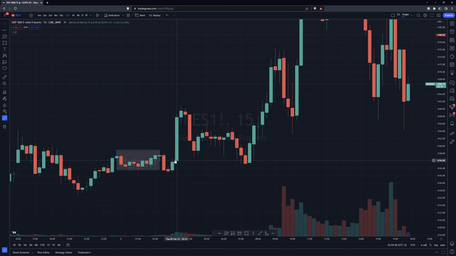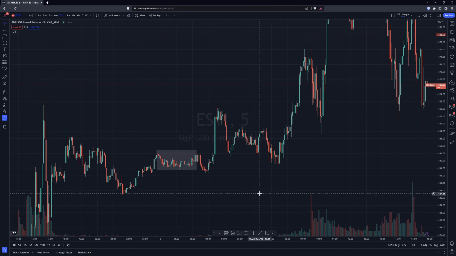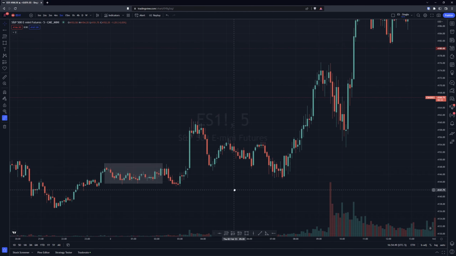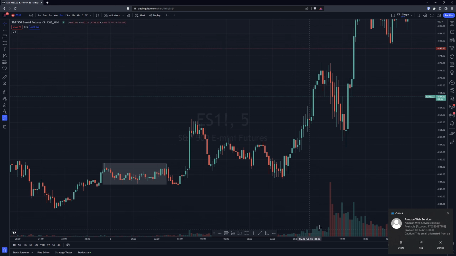Now, I would like to look at maybe a smaller time frame here to see if we have our main signal. Actually, we should include this there. See if it has our signal for the entry based on it coming back in, tapping the bottom there.